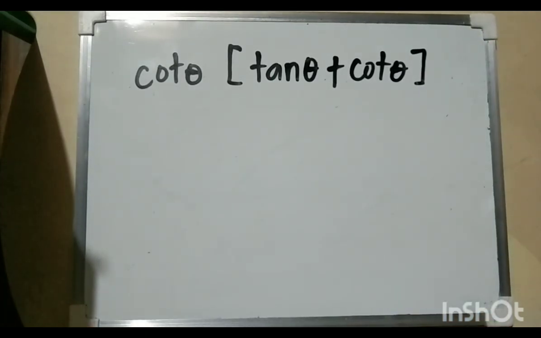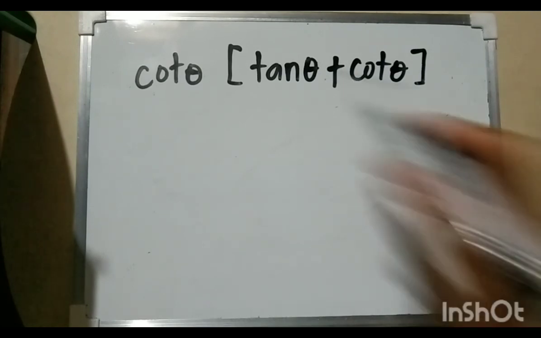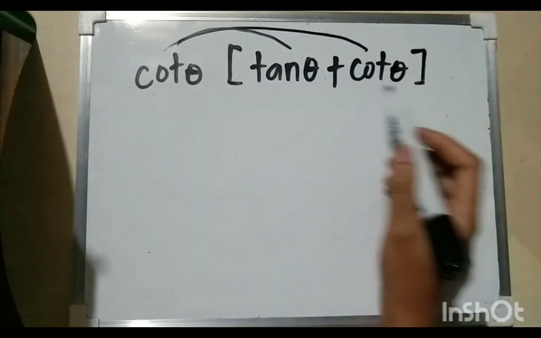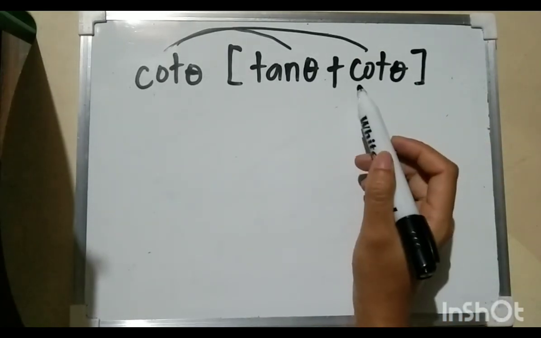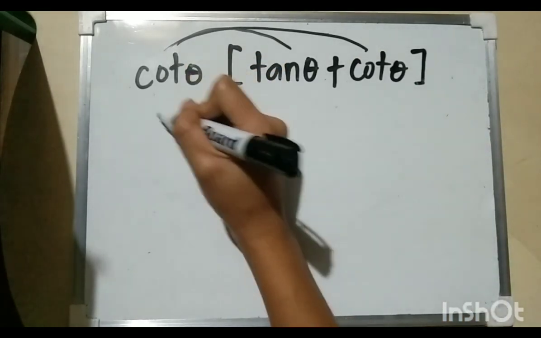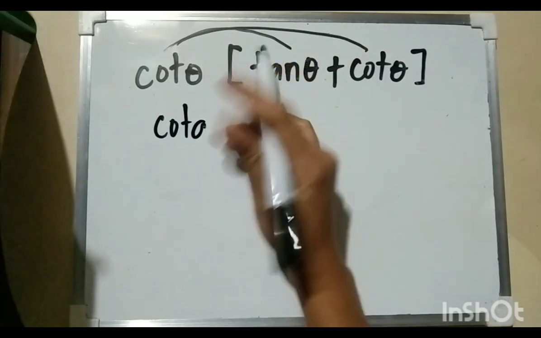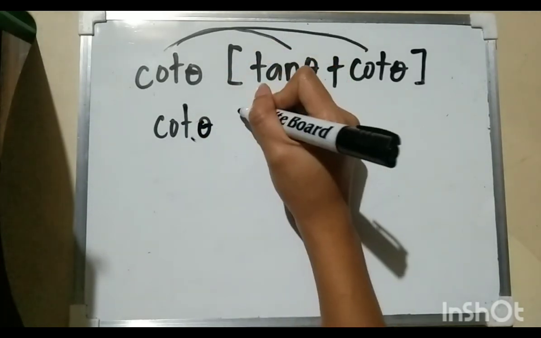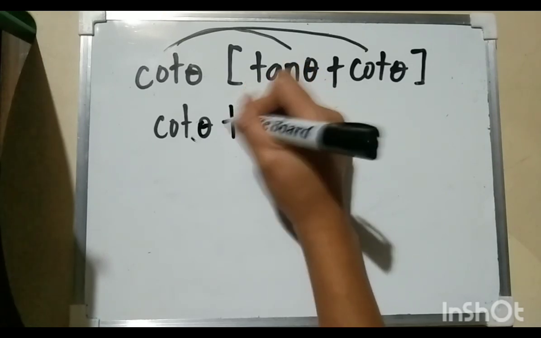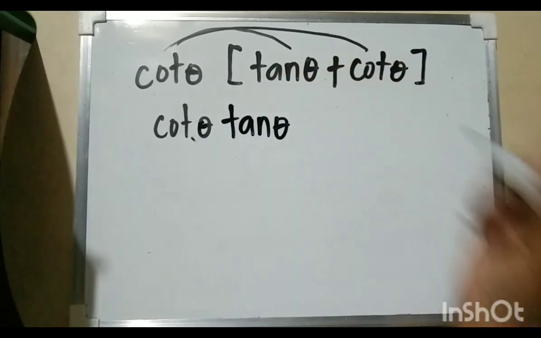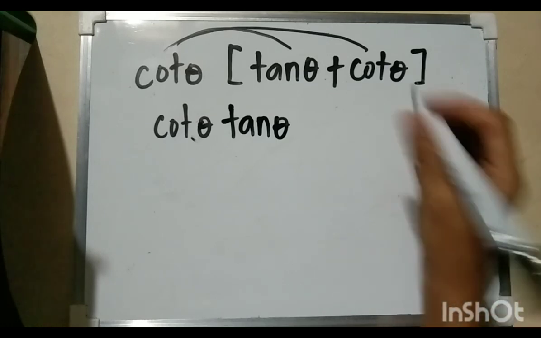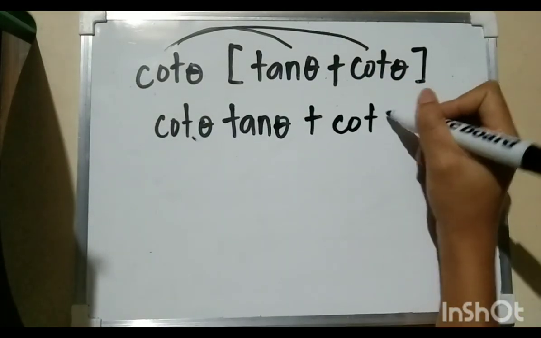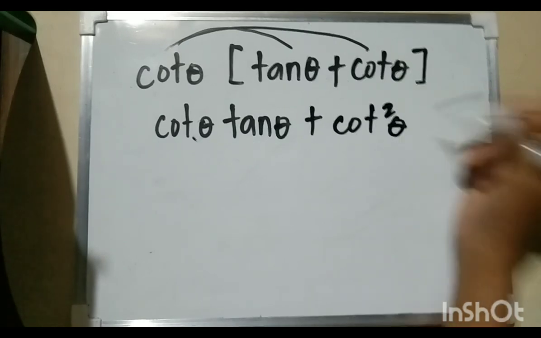What we will do is distribute this cotangent, and it will become cotangent theta times tangent theta plus cotangent theta times cotangent theta, which is cotangent squared theta.